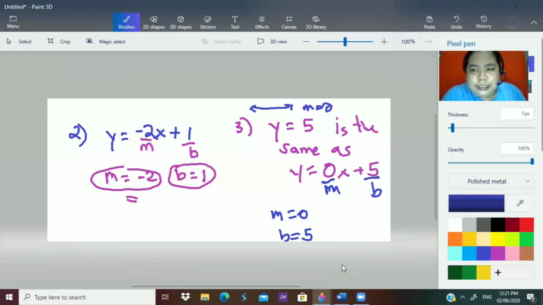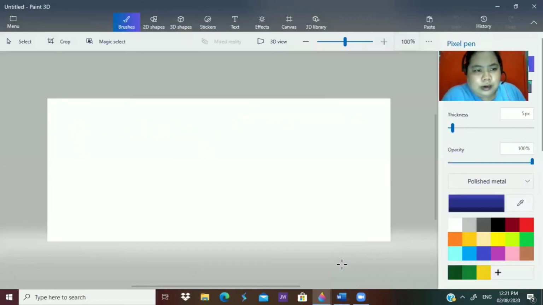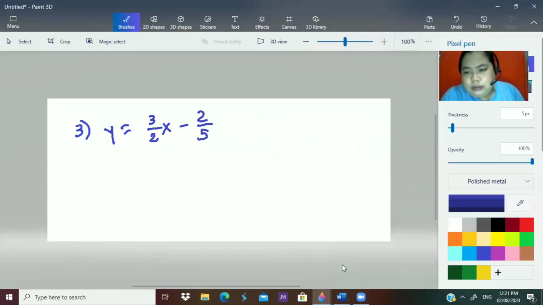Let's have our last example. Let's have fraction. Say y equals 3 halves x minus 2 over 5. So where is your slope? So your slope is here. Oops.